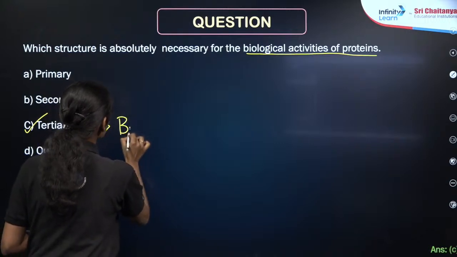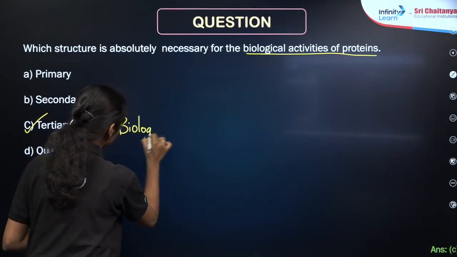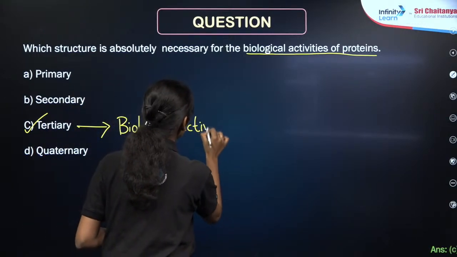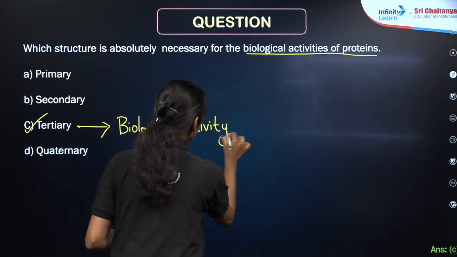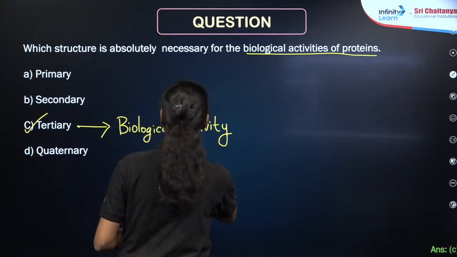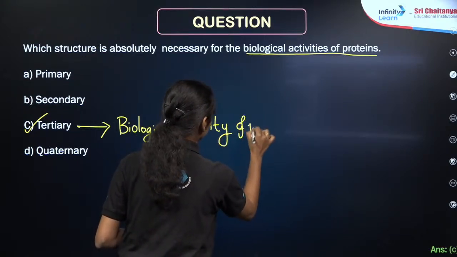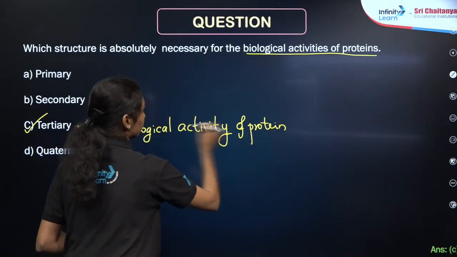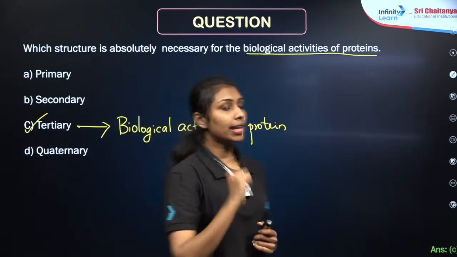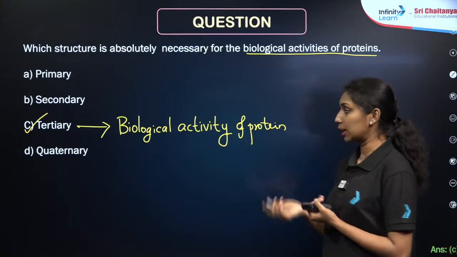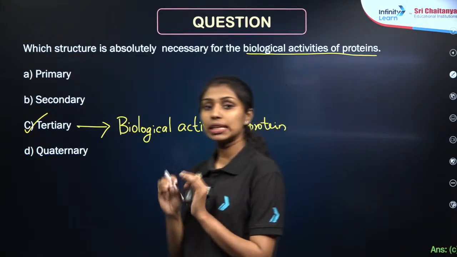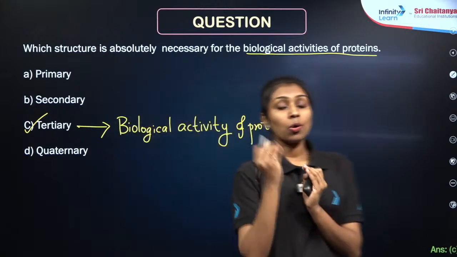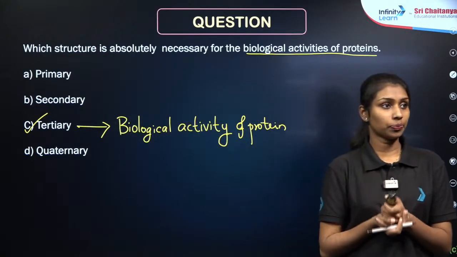Tertiary structure is responsible for the biological activity of the protein. If there is any change in the tertiary structure, it leads to the deformation or destruction of the particular protein. The same happens in the denaturation of protein. During denaturation, if you change the pH or temperature, there will be changes in the tertiary structure of protein, so it results in losing the biological activity of the protein.